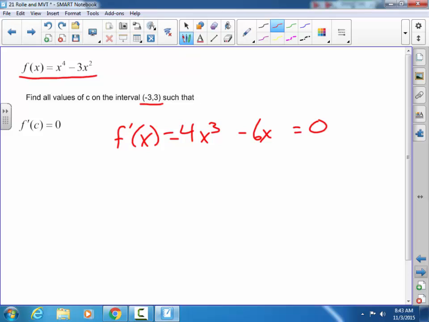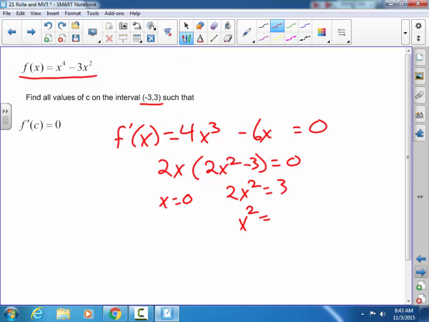How many answers do we expect to get? 3, yes. Let's take out a 2x, and we get 2x squared minus 3 equals 0. So then we get x equals 0. 2x squared equals 3. X squared is 3/2. So x is plus or minus the square root of 3/2.